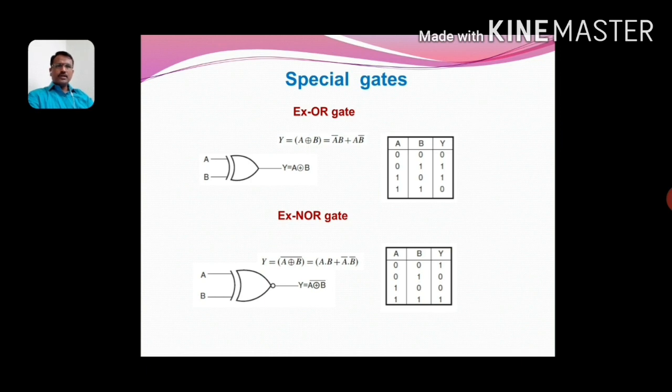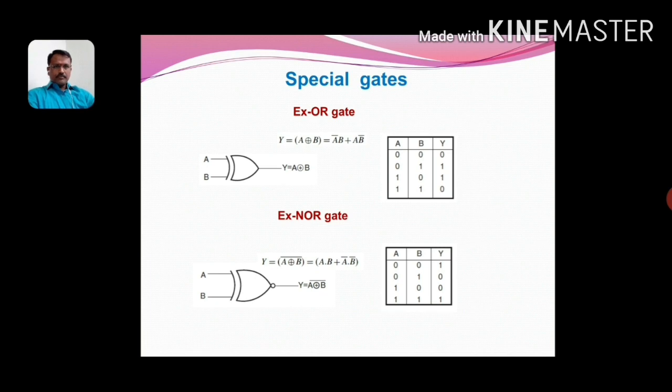So this gate is called exclusive OR gate. XNOR is a complement of XOR. Here when inputs are similar, output is high, and when inputs are dissimilar, output is low. So there are 7 gates, 3 basic gates AND, OR, NOT, 2 universal gates NAND and NOR, and 2 special gates XOR and exclusive NOR gate.